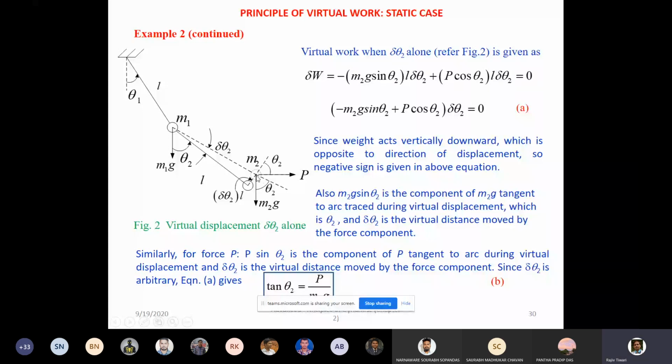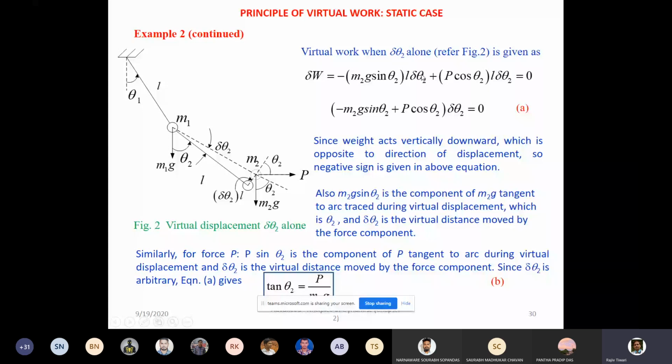That force component moves by a distance L delta theta 2, the component of the virtual displacement delta theta 2 along the tangent.